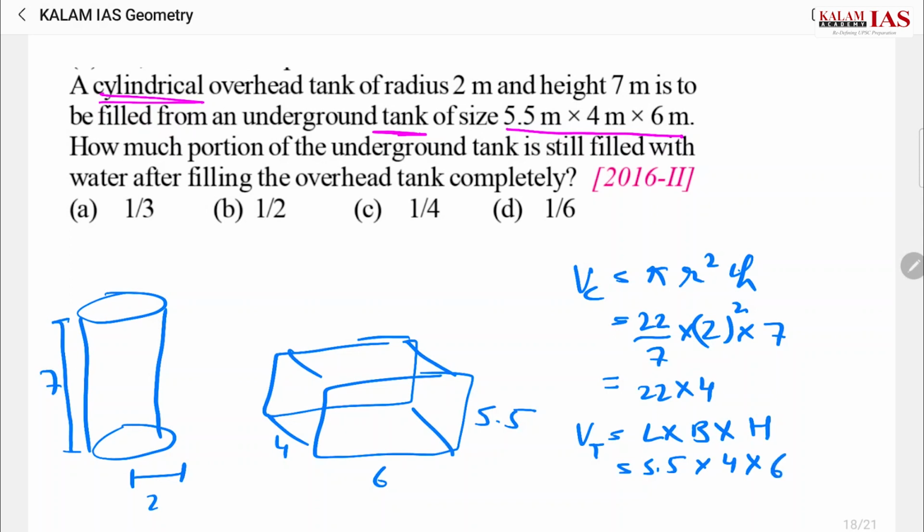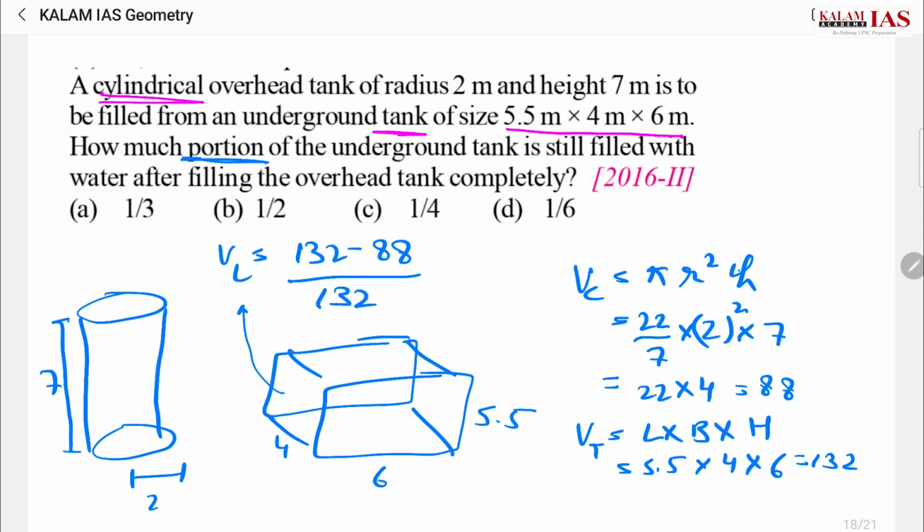So after filling the cylindrical tank, the volume left will be, this is equals to 132 and this is equals to 88. So 132 minus 88, and we have to find the portion which is still present in this tank. So dividing by 132, the original volume, we get 44 by 132, which is equals to 1 by 3. The answer is option A.